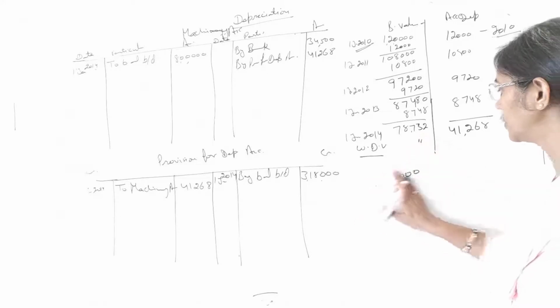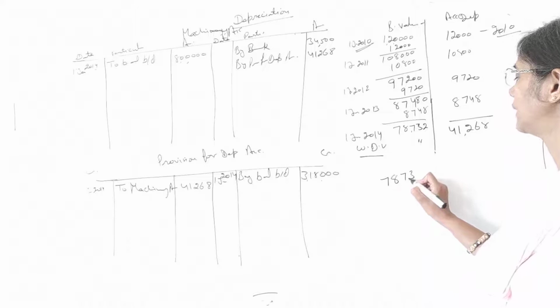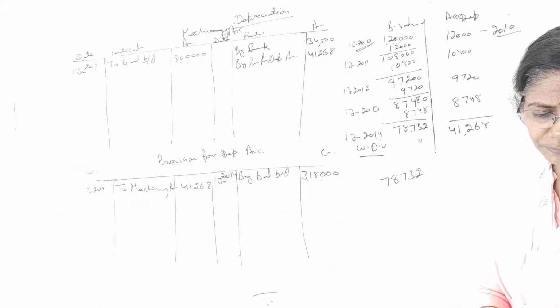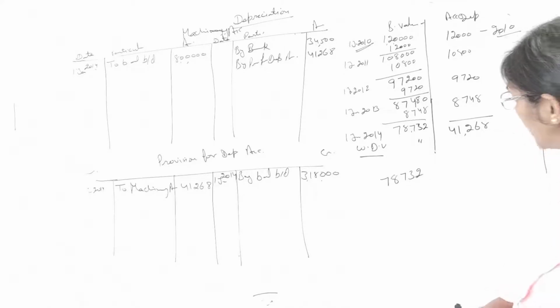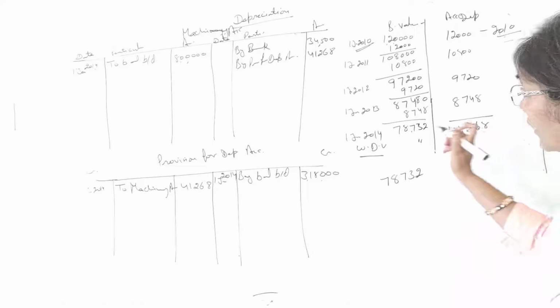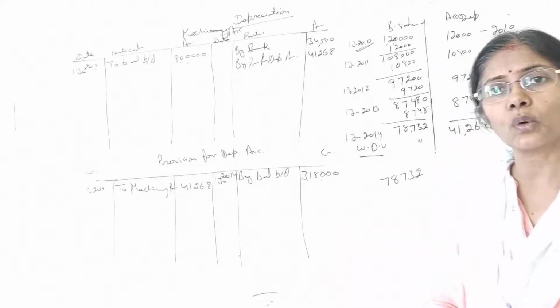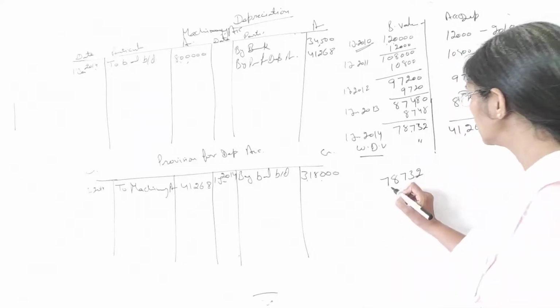There is no need to reduce it once again. So this is the written down value, 78,732, and you have sold it at 34,500. Sale price. You have sold for 34,500.